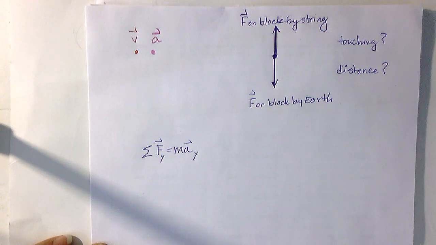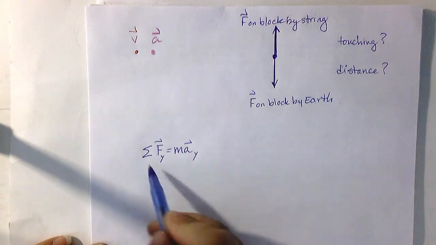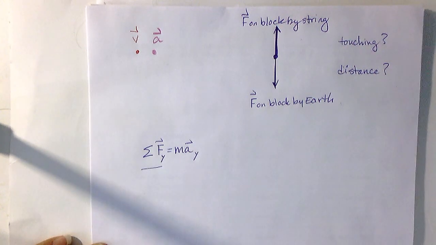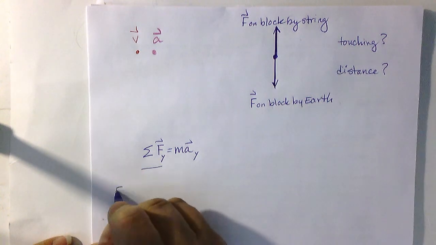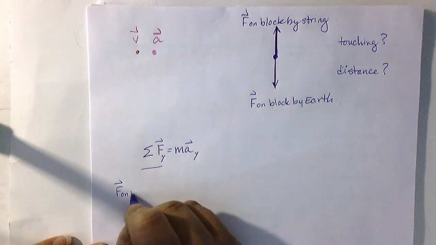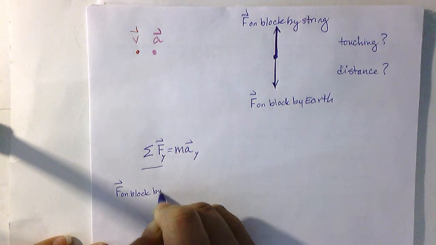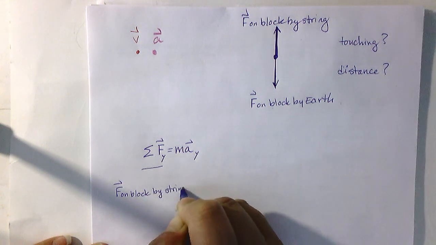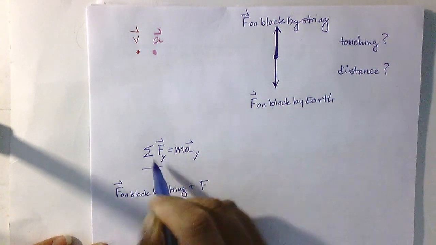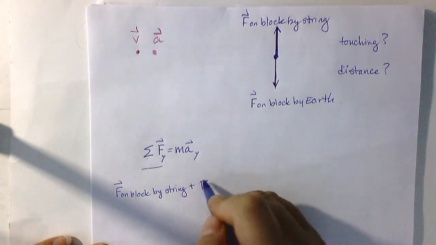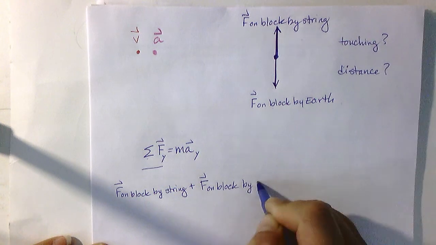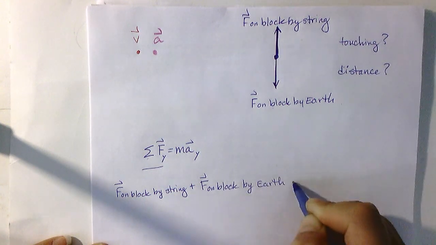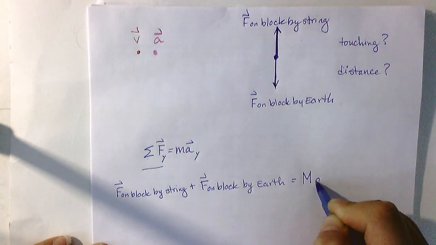Okay, so once we do that, we're then going to substitute in here all of the forces acting on the block. Okay, so I'm going to have force on block by string plus, because that's what summation means, add them together, force on block by earth, and that is equal to capital M A.